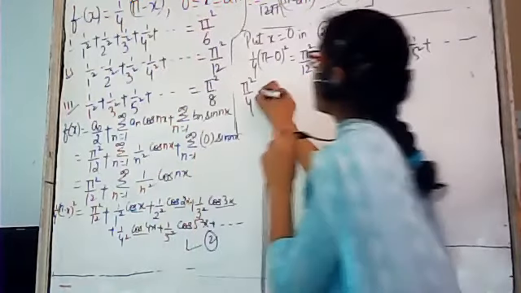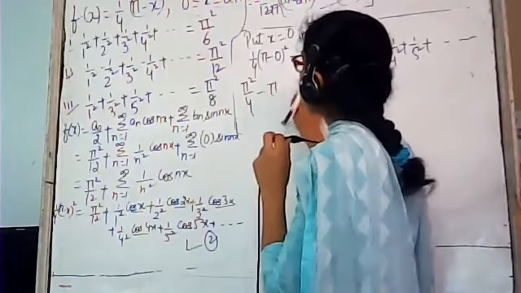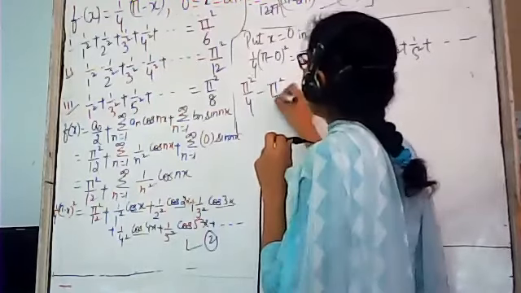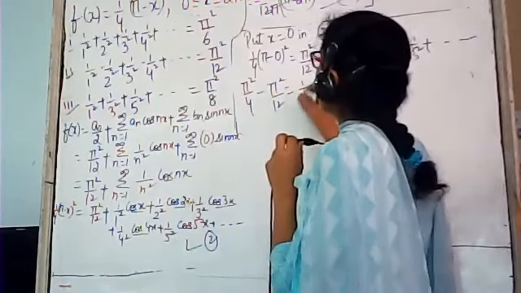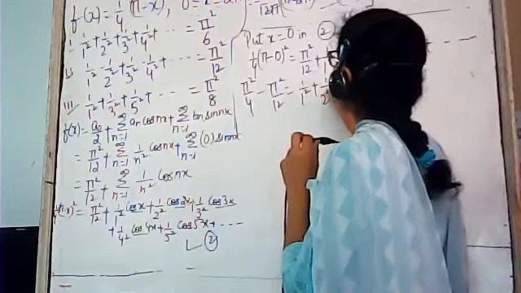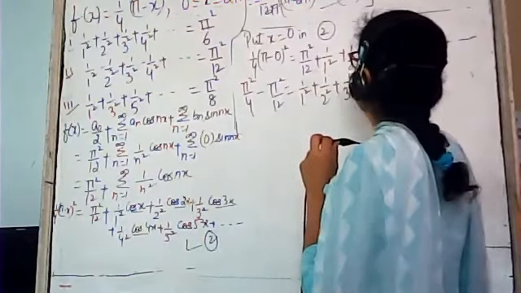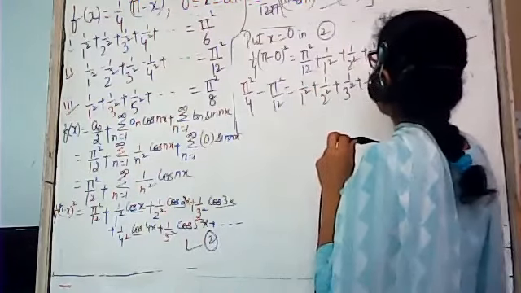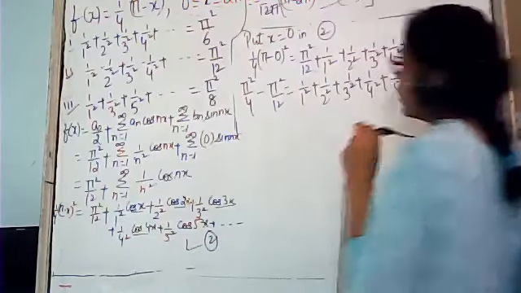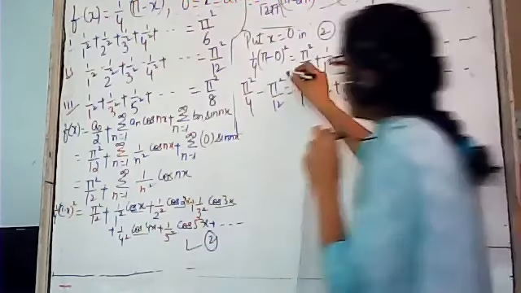Take this term to the left hand side as we don't need it on this side. Pi square by 4 minus pi square by 12 is equal to 1 by 1 square plus 1 by 2 square plus 1 by 3 square plus 1 by 4 square plus 1 by 5 square and so on up to infinity. I hope you can solve this.